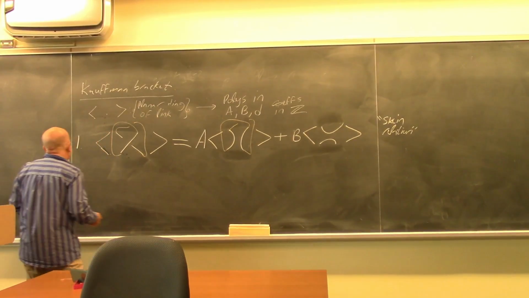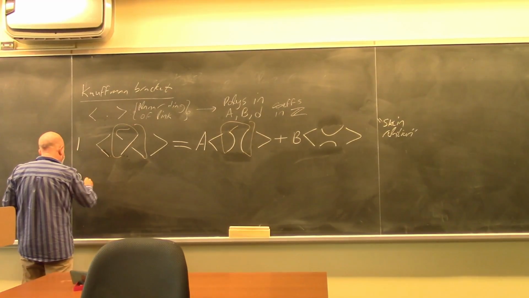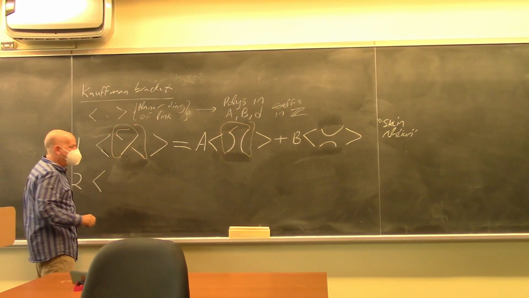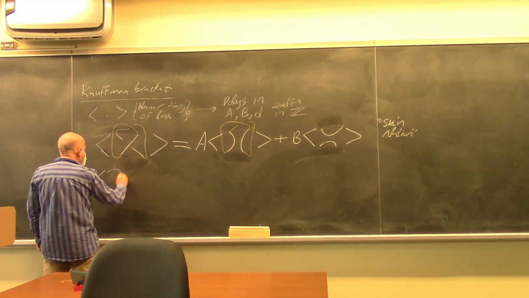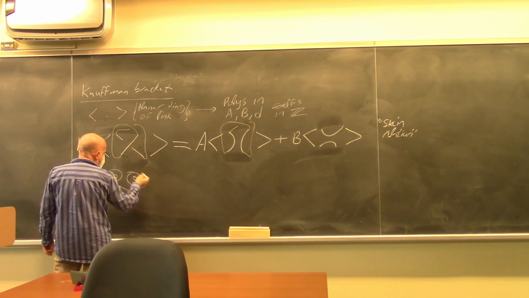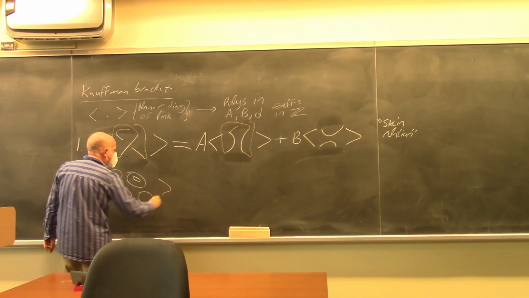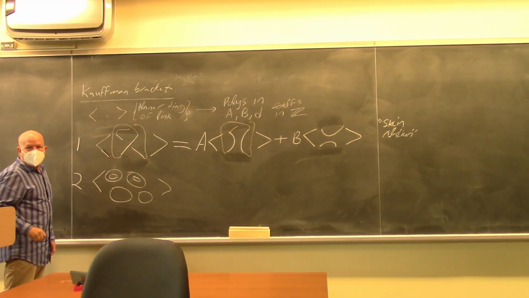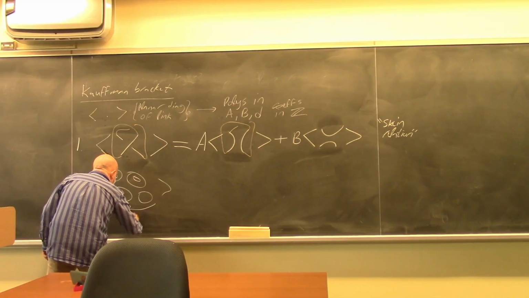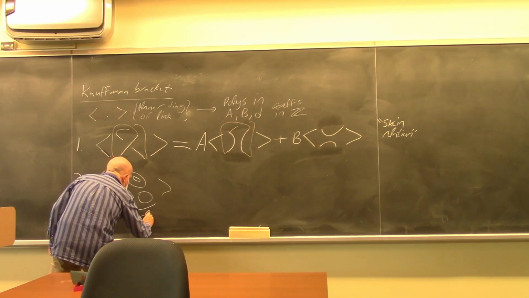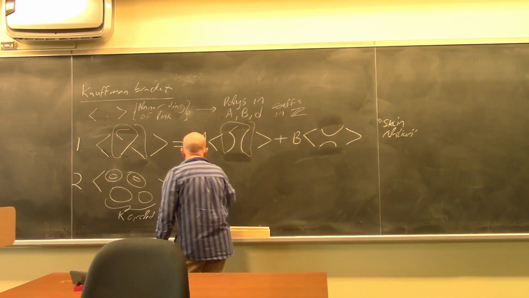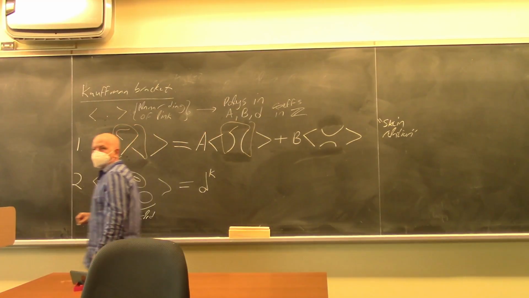So the second relation is that if you have a diagram with no crossing, then it just has a number of cycles. Maybe they're nested. Then the rule is that if you have k circles, the bracket of that is d to the power k.